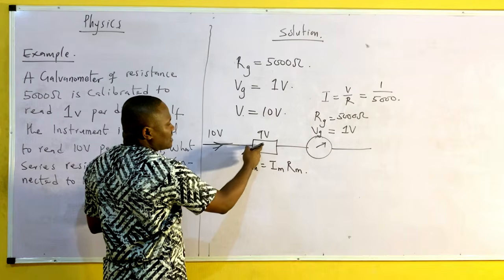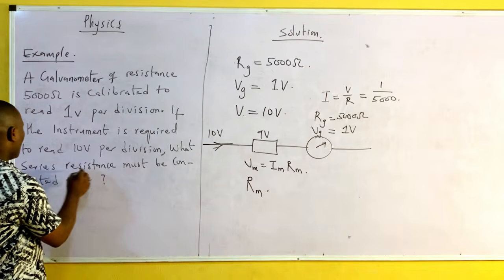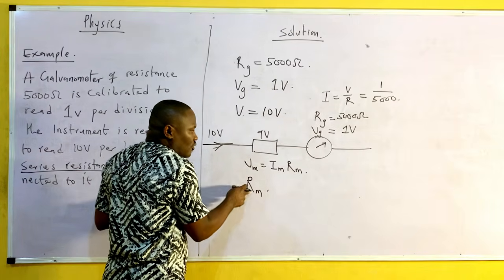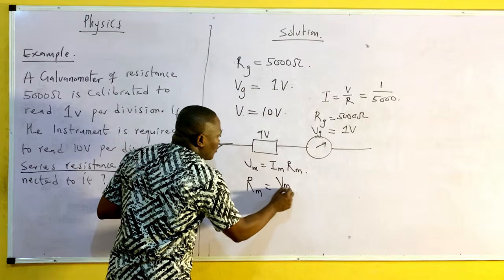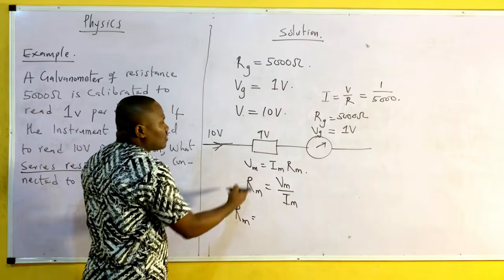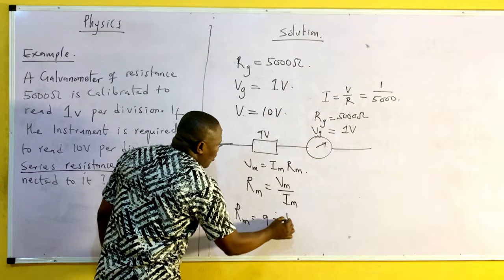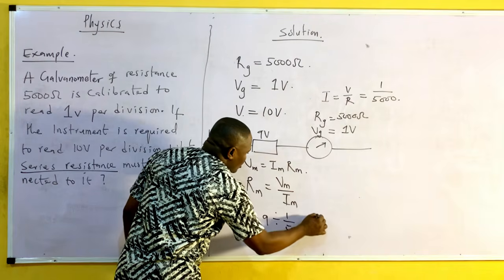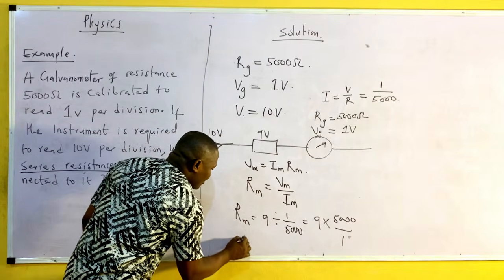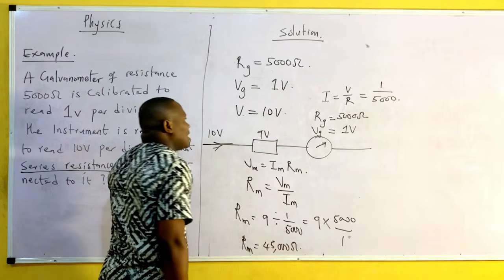That's the formula. The question asks what resistance the multiplier will have. So the resistance of the multiplier is equal to the voltage of the multiplier over the current of the multiplier. My voltage is 9, divided by our current, 1 over 5,000, which is equal to 9 times 5,000 over 1. So the resistance of the multiplier is 45,000 ohms. That's how this is solved.